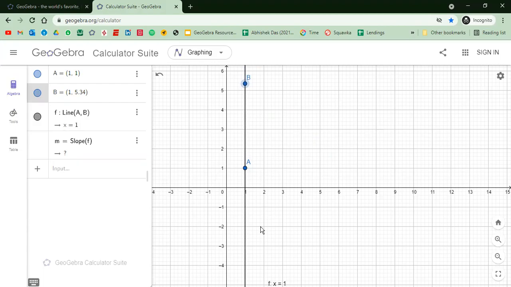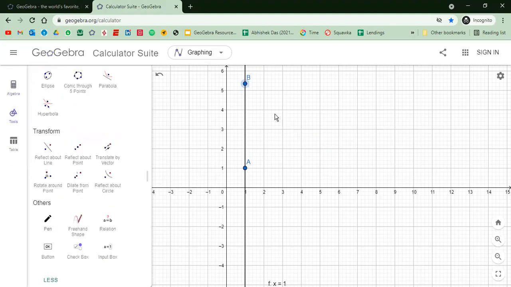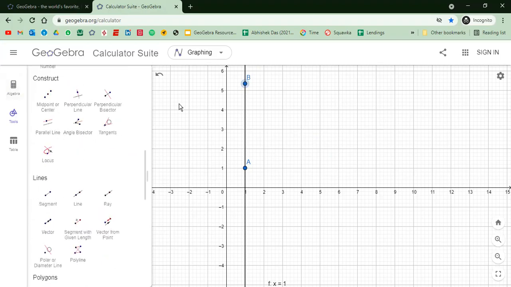Now this line is perfectly parallel to this y-axis, and we have got a small question mark out here. This question mark suggests that the slope is not defined. Now, why is the slope not defined? How is it possible? That's the question.